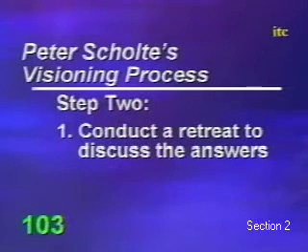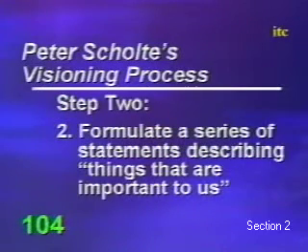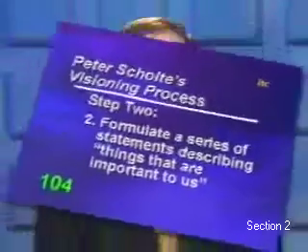Step 2. Conduct a retreat to discuss the answers. The leadership group attends a retreat to discuss the answers and to formulate a series of statements describing those things that are important to us. The presentation of the ideas at the meetings takes on a special format.